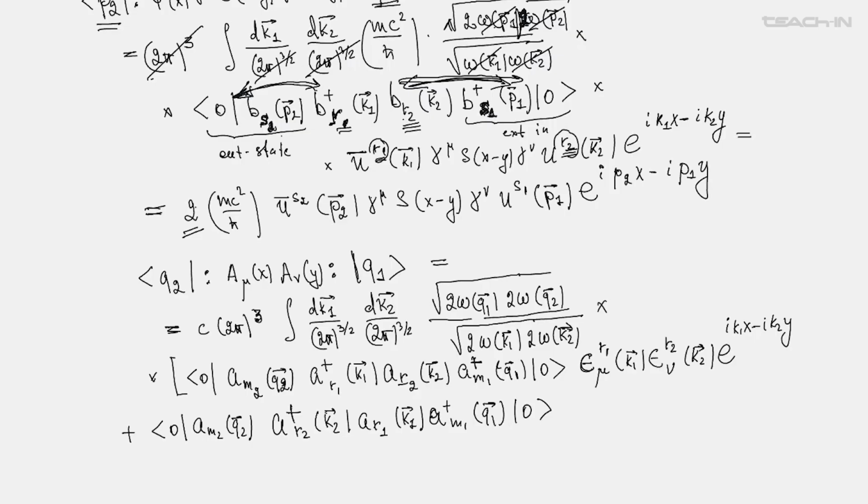They are epsilon nu R2 K2, epsilon mu R1 K1, and then i k2 x minus, no, here there will be y now. K2 comes with y, and minus i k1 x. Then the bracket, I guess, is closed.